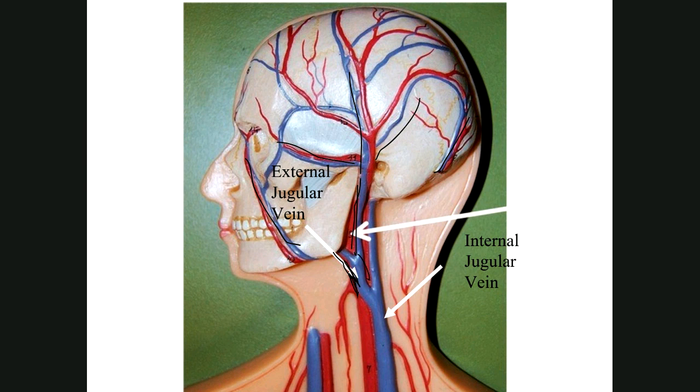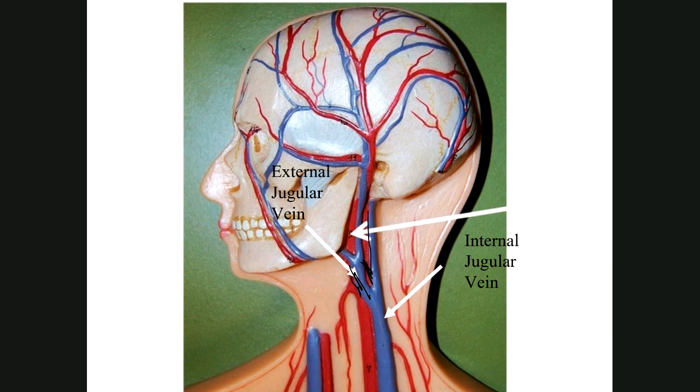The brain is going to come out of the skull, that vein is, and that's the internal jugular. Well, the internal jugular keeps going. It's going to go all the way down like this. The external jugular just joins on. So there's external, and here comes internal.